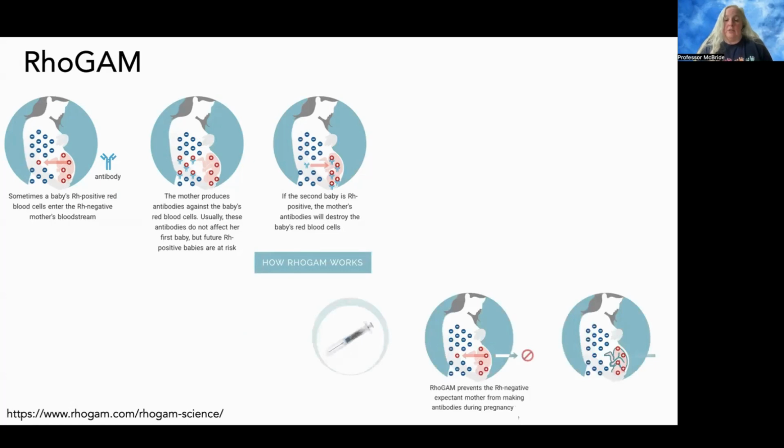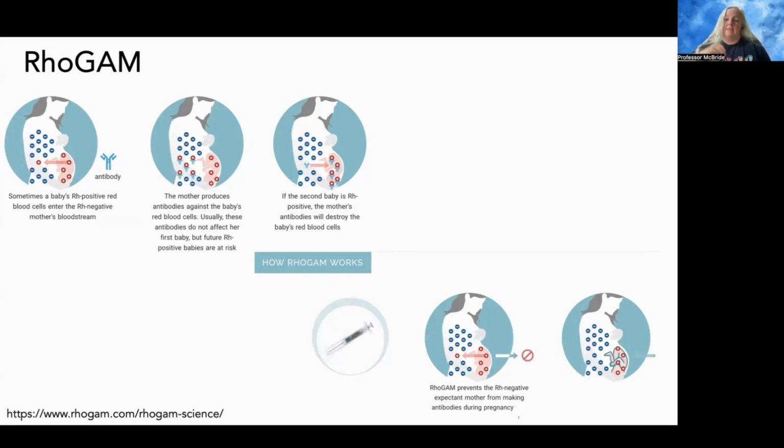So what we'll do is give RhoGAM. RhoGAM is going to prevent that immune response from happening. So then in the future pregnancy, if mom's body sees the Rh positive with the future baby, it's not already established antibodies that can be used against this current pregnancy and attack the baby.